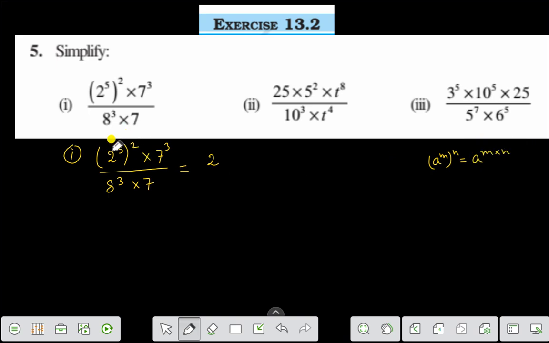If we multiply, that is 2 to the power 10 into 7 to the power 3.